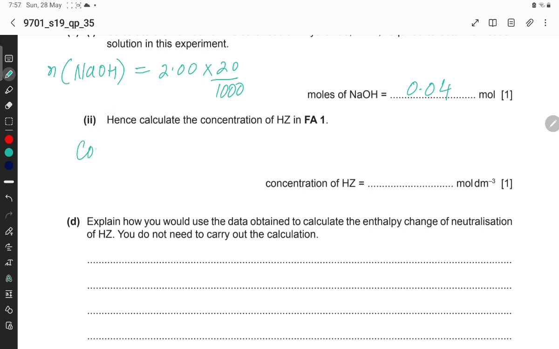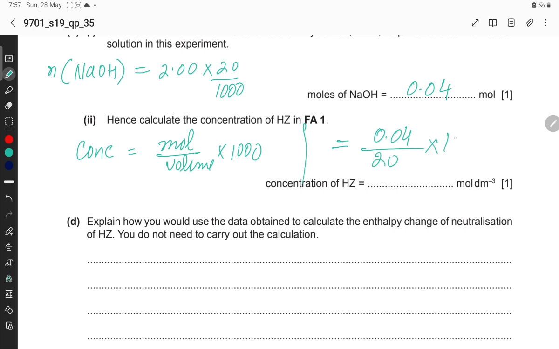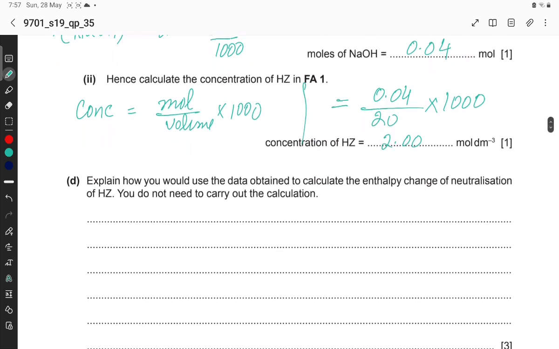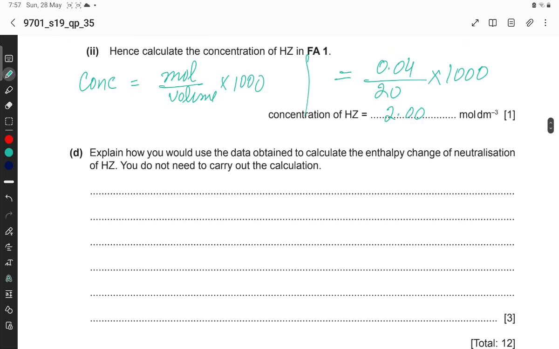We know that concentration is equal to moles over volume into 1000, and this is equal to 0.04 divided by 20 into 1000. The answer is 2 mole per dm cube. So the concentration of Hg is 2 mole per dm cube.